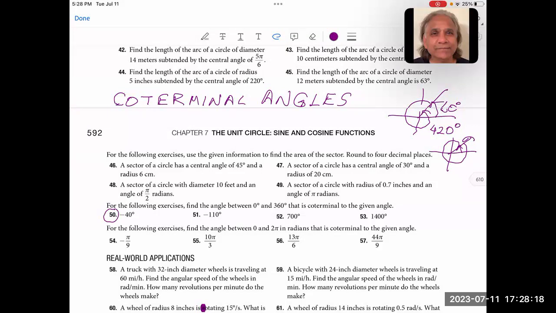The problem says, for the following exercises, find the angle between 0 and 360 degrees that is coterminal to the given angles. Now this is a negative angle, so to get an angle between 0 and 360 which is coterminal with this, you'll have to add 360 to it.